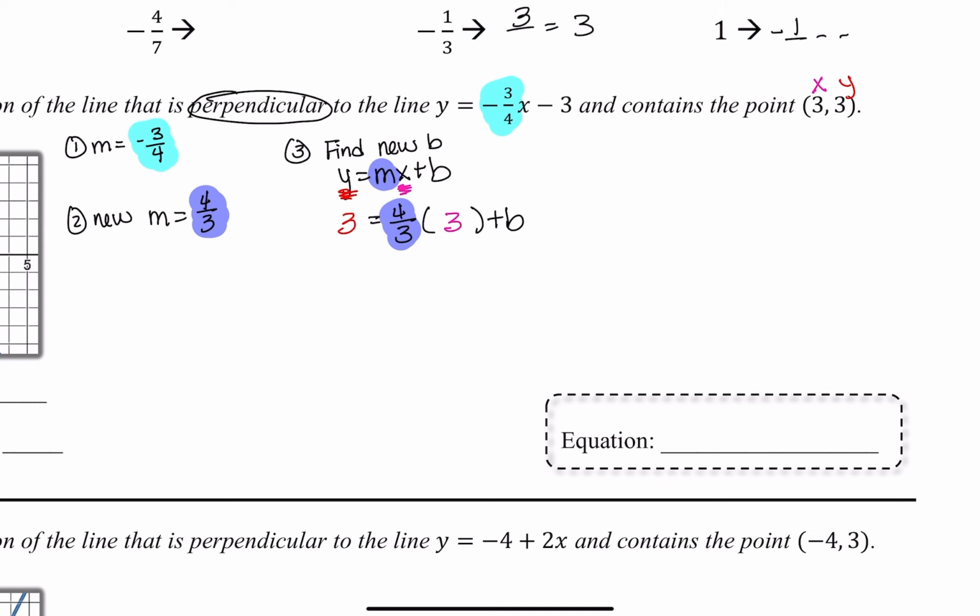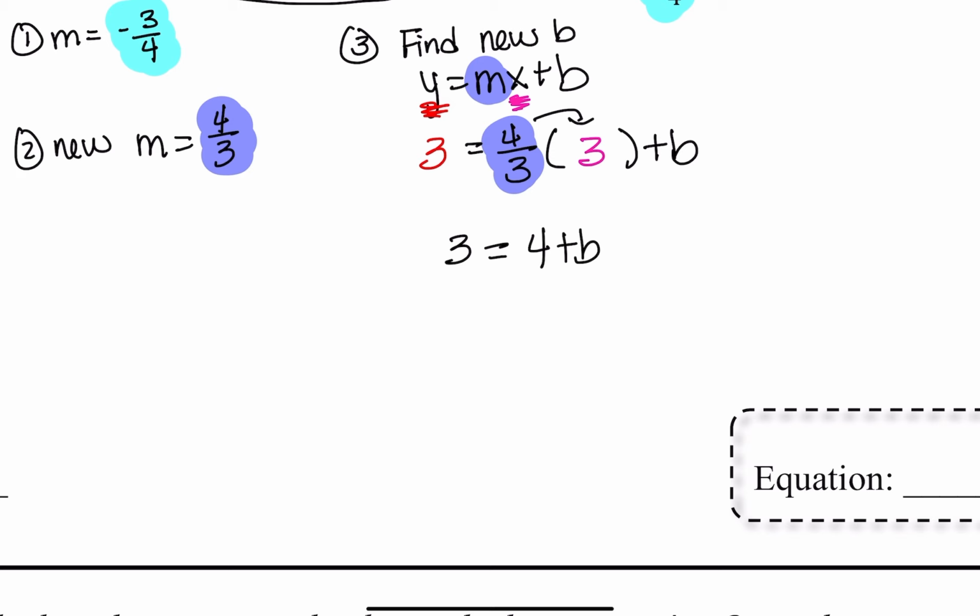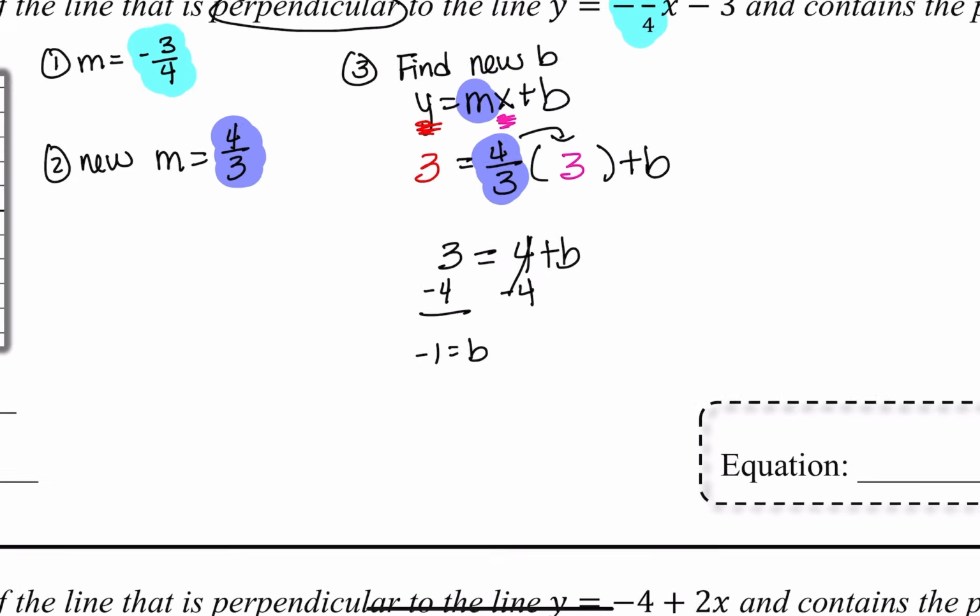Then you distribute: to multiply a fraction and a whole number, you multiply 4 times 3 and divide by 3, which is 4. To get b, we start isolating b by itself. We need to get rid of this positive 4. The inverse of positive 4 is negative 4. This gives you negative 1 as b.